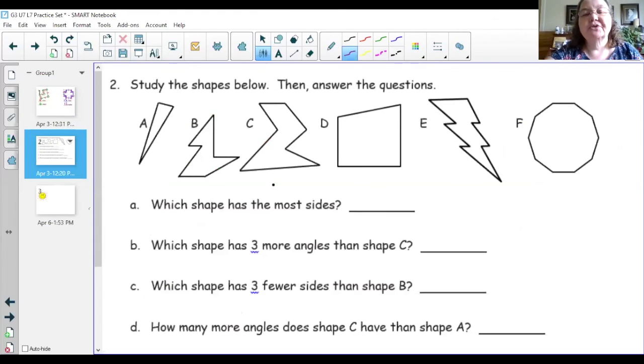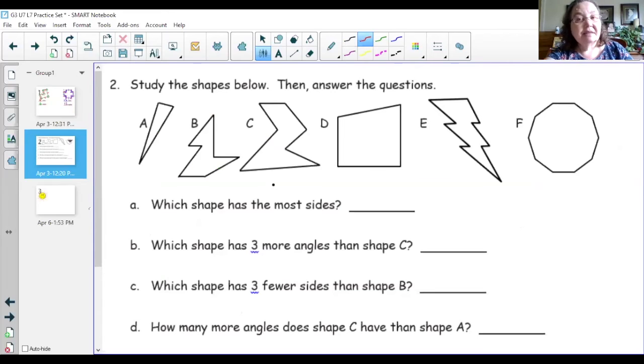Okay, well, let's look at this one. This is number 2. And this says, study the shapes below, then answer the questions. So look at those shapes. Oh my goodness, they're all different sizes. There's only one I recognize. So the first question says, which shape has the most sides? What do you think we need to do?